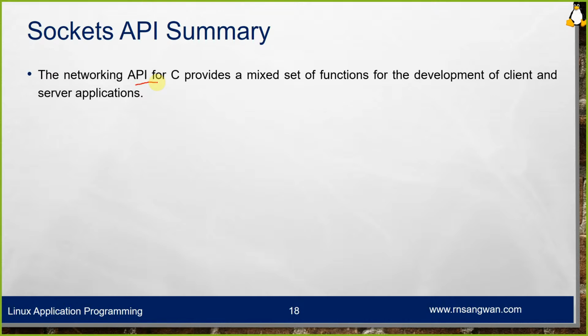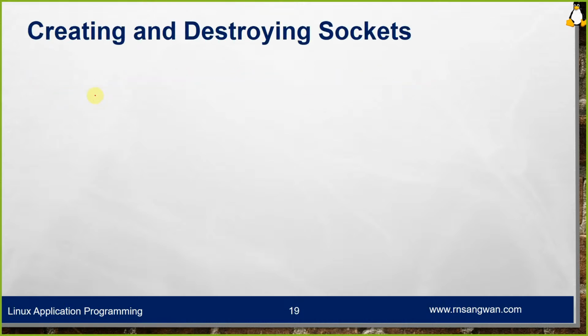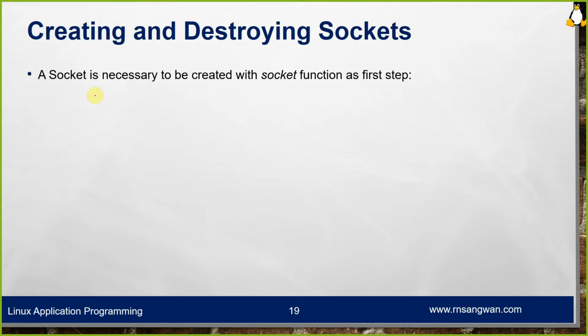The networking API for the C language provides a mixed set of functions for the development of client and server applications. Creating and destroying sockets: the walkthrough has helped you recollect what we have learned so far, and you can connect it with the prototypes I am going to discuss.